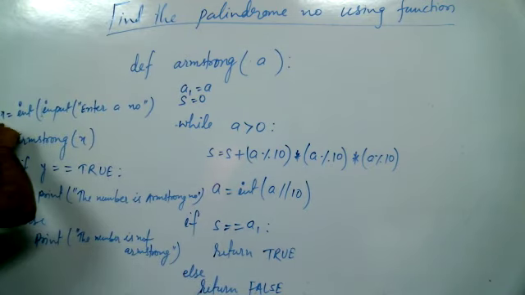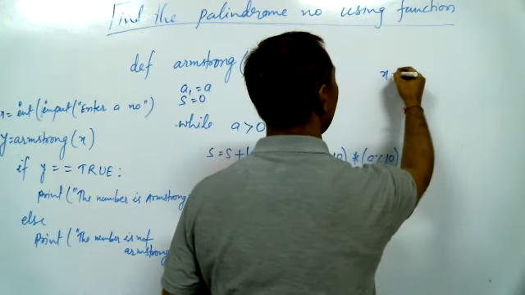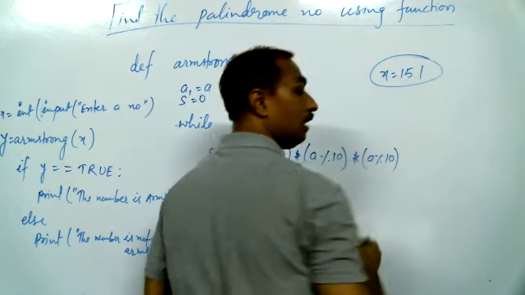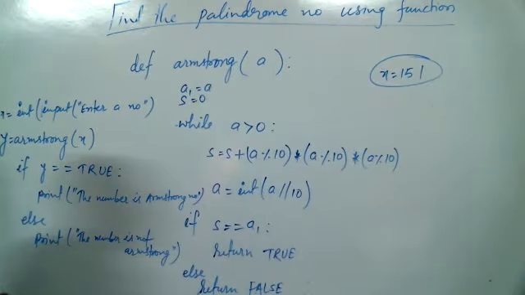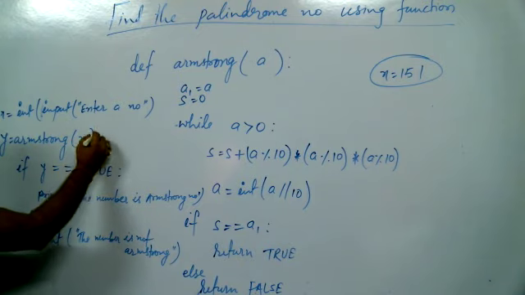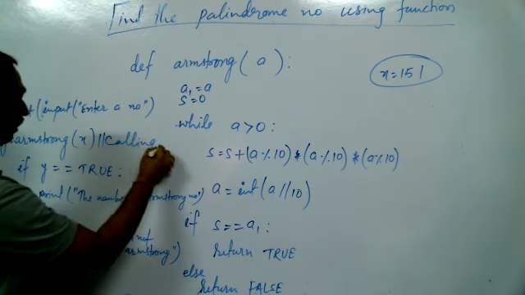In here x we have taken a number. Here I am taking 151 because 151 is an Armstrong number. Then y equal to Armstrong x. This is the calling statement of the function.